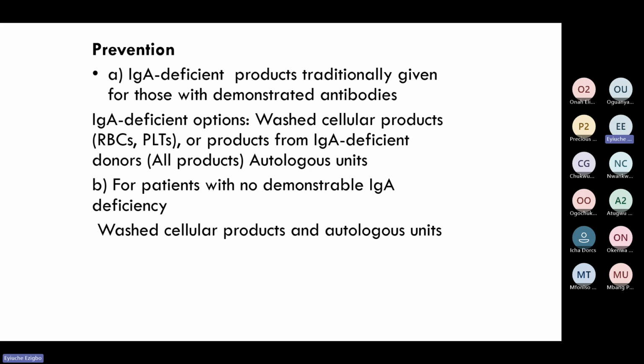So these are some of the ways that we can prevent these severe allergic reactions from occurring: by washing the cellular products, or products from an IgA deficient donor should be given, or autologous units should be used. So for patients with no demonstrable IgA deficiency, you use washed cellular products and prepare and use autologous units instead.